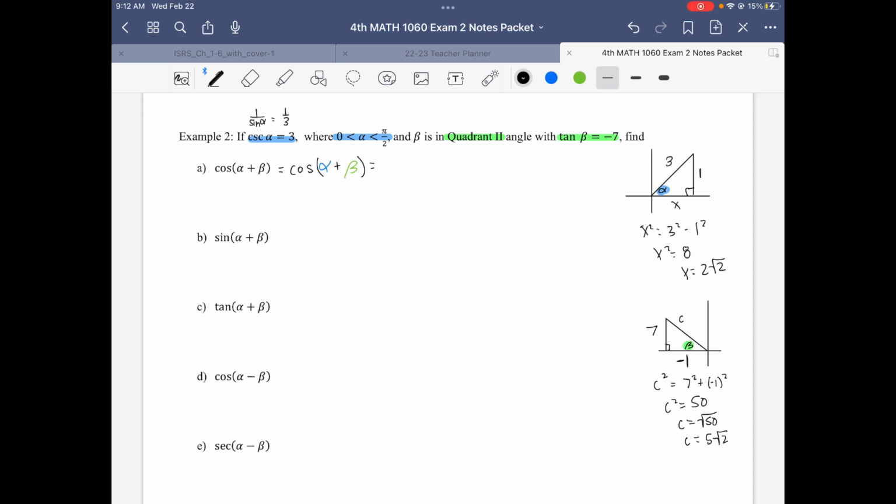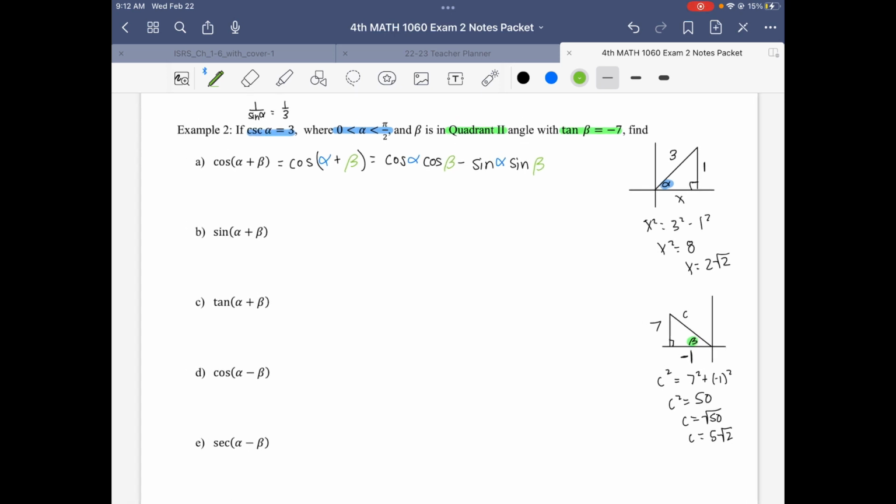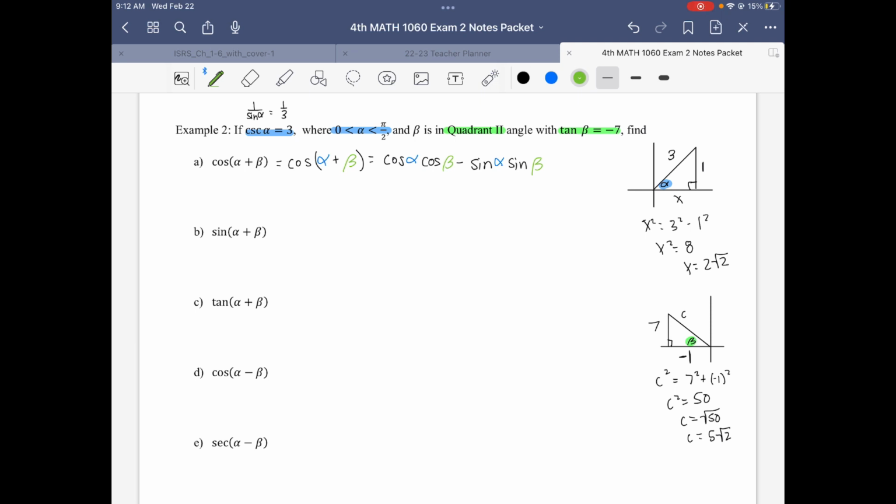This would be equivalent to the cosine of alpha multiplied by the cosine of beta, minus (it was plus, so we turn it into minus) the sine of alpha multiplied by the sine of beta. You don't necessarily have to write that out every time, but I wanted to make sure that you have it right here so I don't have to flip back and forth for you guys. From here, it's just a matter of plugging in these values that we know.